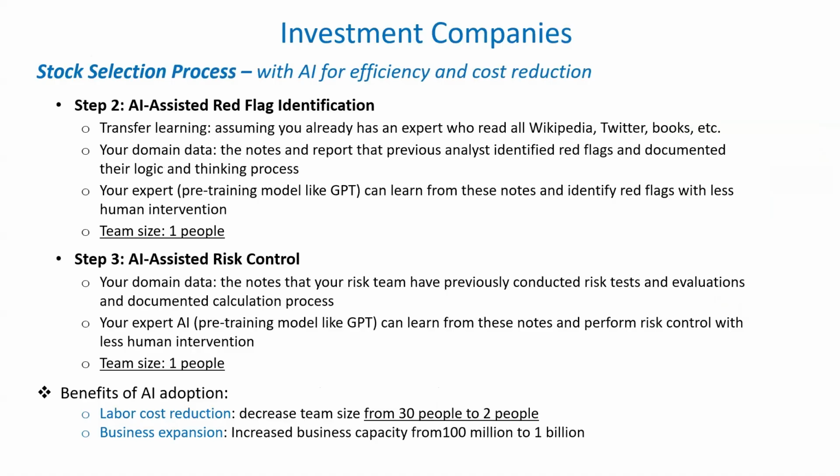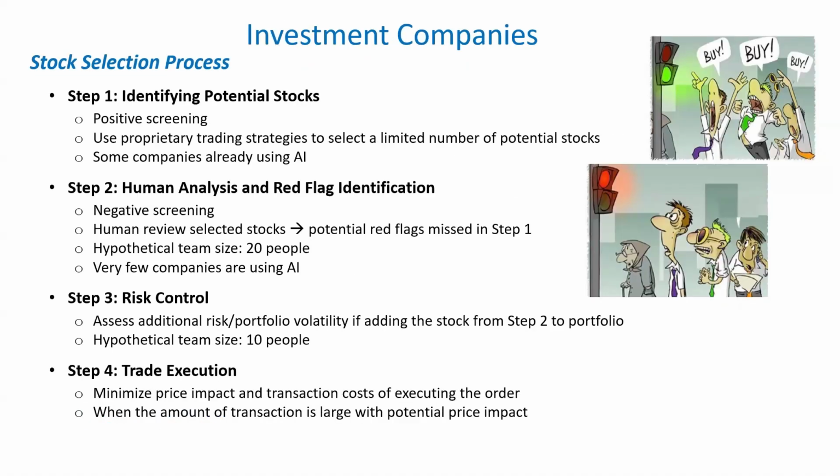Why is that? Because in the earlier stage, in step 2, we have a lot of notes from the fundamental analysts. They wrote notes on how to identify red flags, how to identify the risk. The humans wrote many, many notes about how to gatekeep AI. Same as step 3, humans wrote a lot of notes on how to do the risk control when adding new stocks.